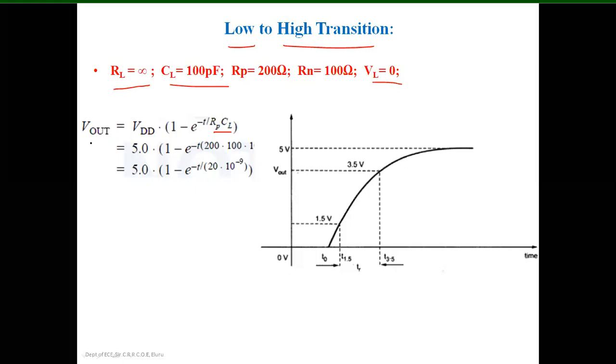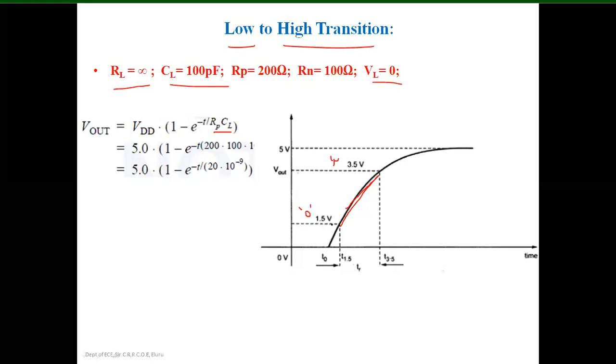This is the output equation to calculate the low to high transition at the output of the circuit. But our intention is to find the rise time between the undefined states. 1.5 volts is a valid state and 3.5 volts is a valid state, for logic 0 and logic 1 respectively.